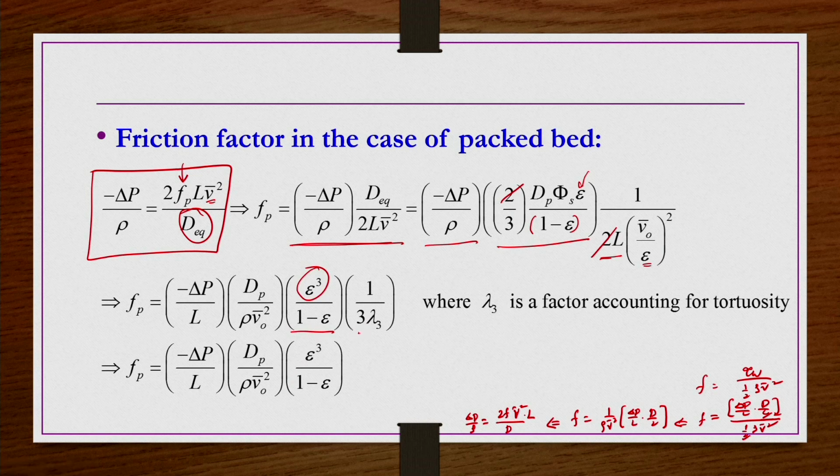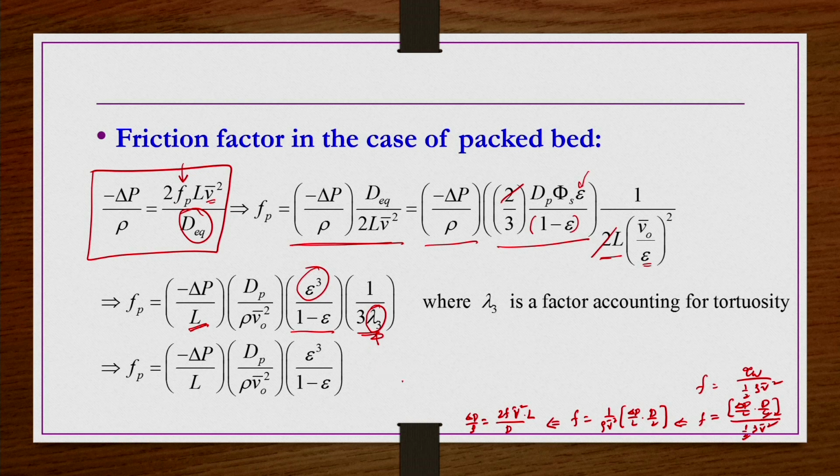And then this 1 by 3 as it is, but there is a kind of tortuosity factor. So, let us consider one factor lambda 3, in order to bring in the tortuosity factor, because this L is the packing length, the height of the packing, but the fluid element is travelling more than the packing length because of the tortuous path. Because of that, this lambda factor should come. Already we have taken lambda 1 and lambda 2 in the previous derivation, so let us take lambda 3.